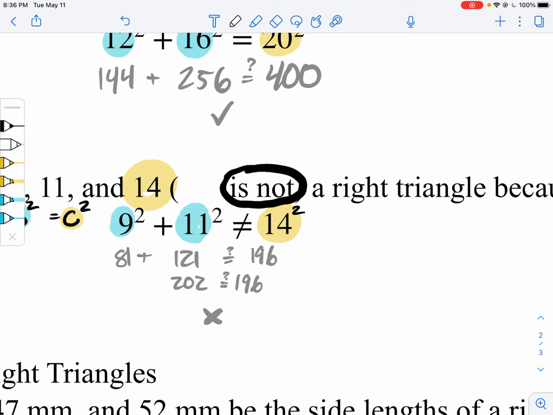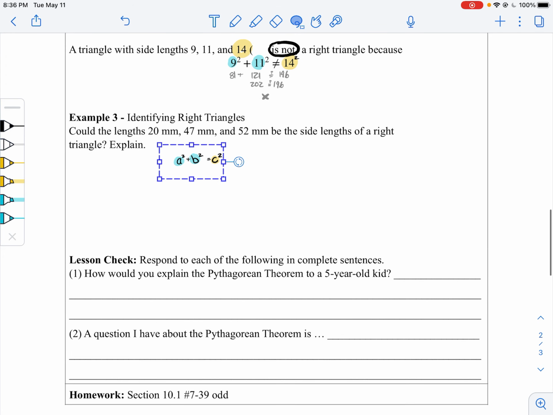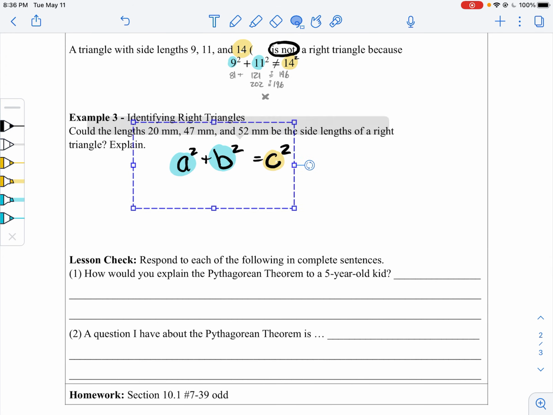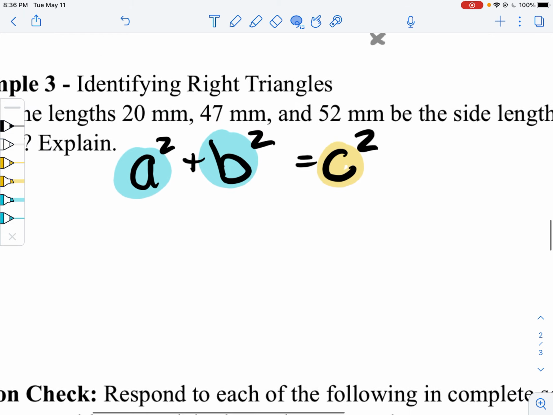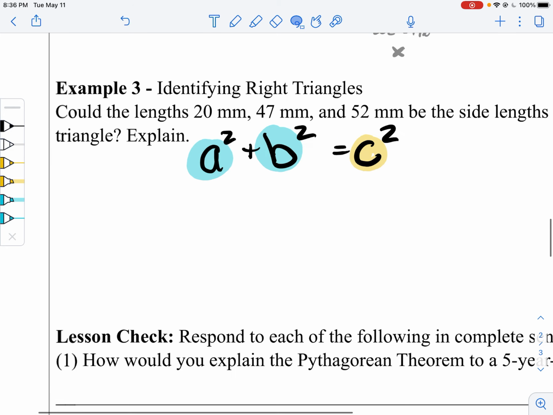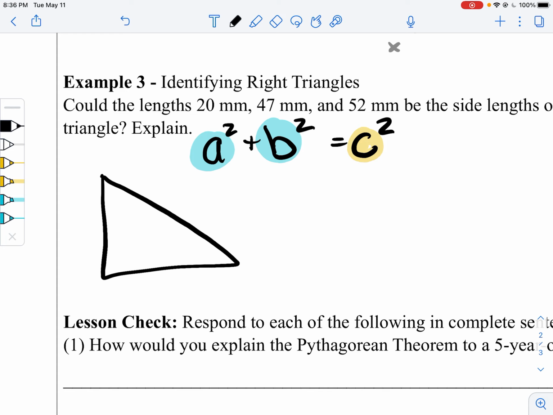So, yeah. Anyway, not a right triangle because it doesn't fit the Pythagorean Theorem. Okay, so let's see. One last time. Are you guys a right triangle? Let's find out. Let's make this right triangle.